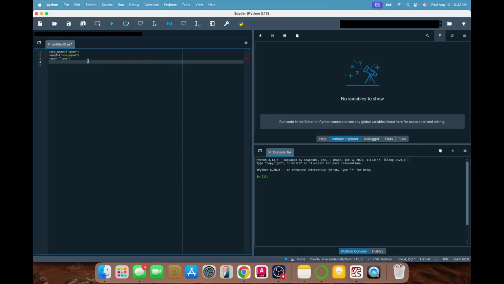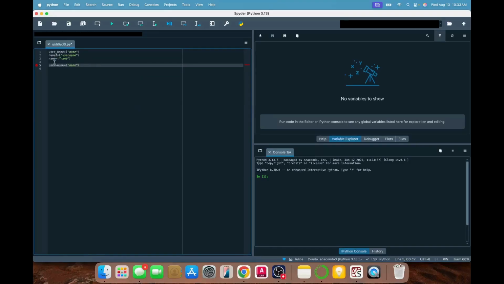Okay, now examples of bad naming rules would be names that include characters other than numbers, letters, or underscores, such as username with a dash.